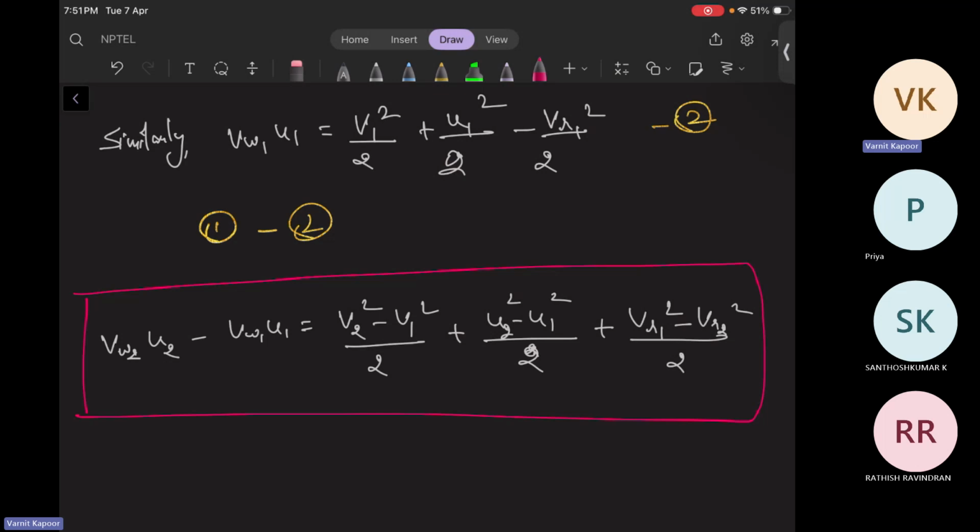So the first term, (V2² minus V1²)/2, is basically your impulse effect. This term means that there is an increase in the kinetic energy of the fluid because you have sucked up the fluid at section 1 and you are exiting from section 2 at a higher speed. You have increased the kinetic energy of the fluid that needs to be converted into a pressure rise in the diffuser.